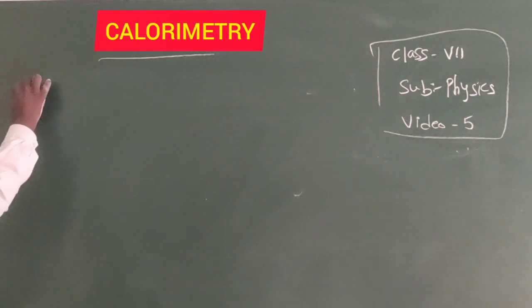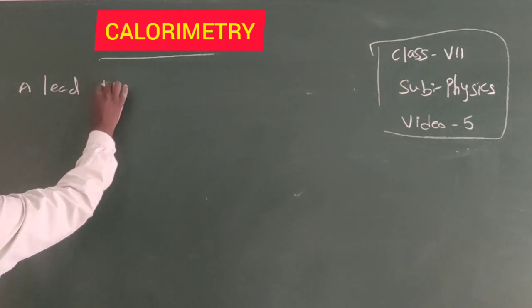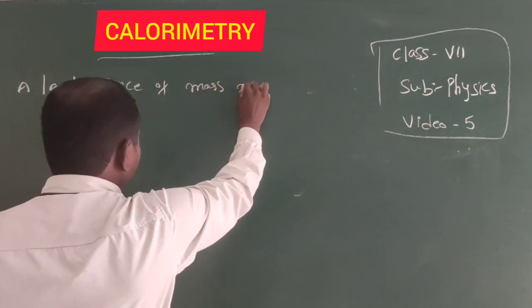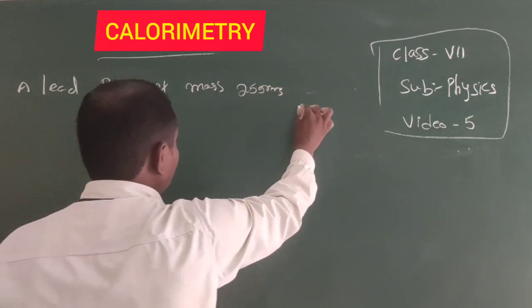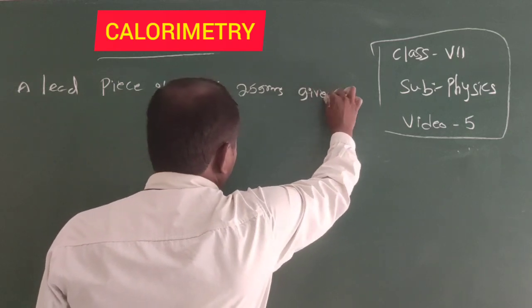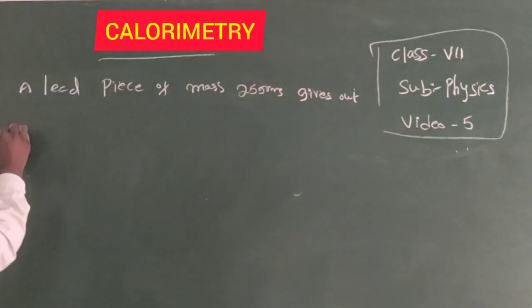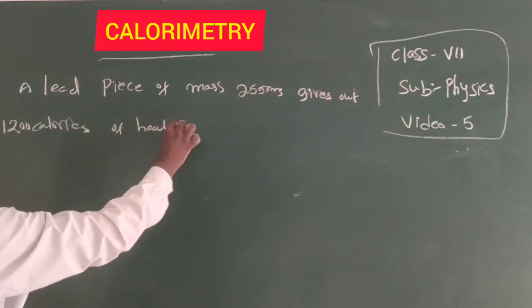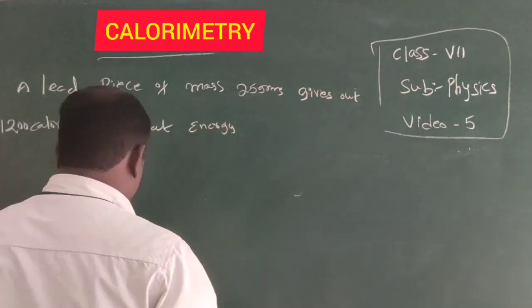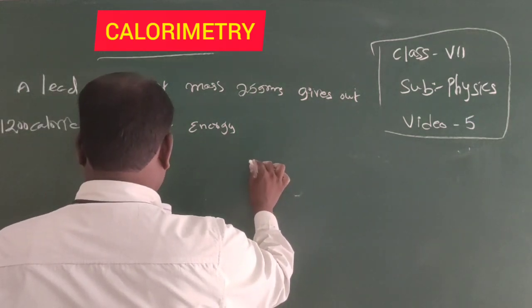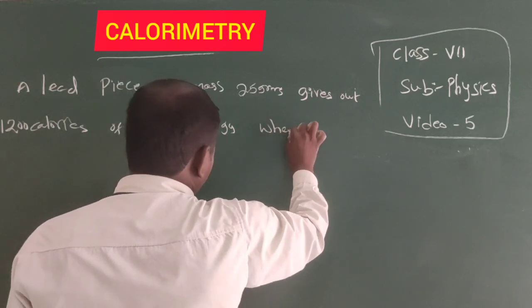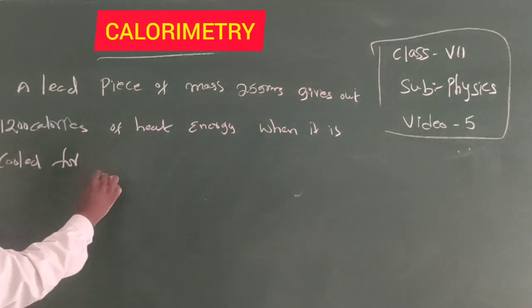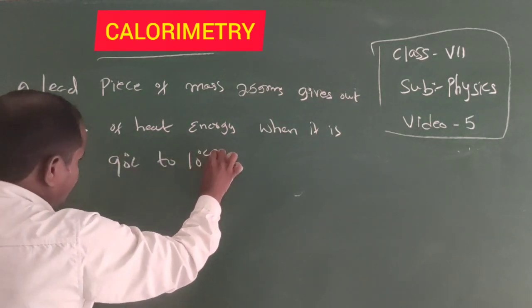A lead piece of mass 25 grams gives out 1200 calories of heat energy when it is cooled from 90 degrees Celsius to 10 degrees Celsius.